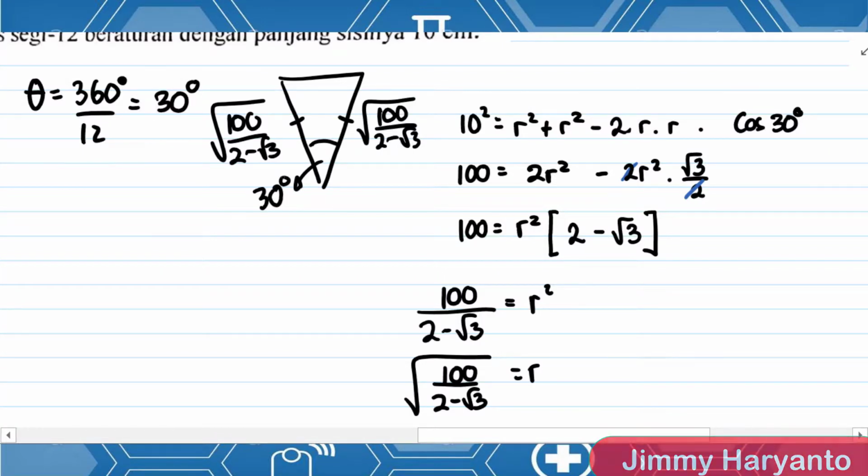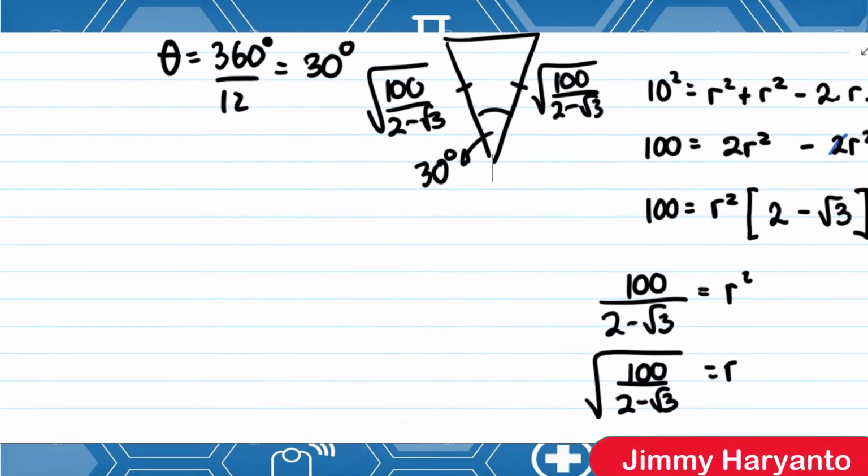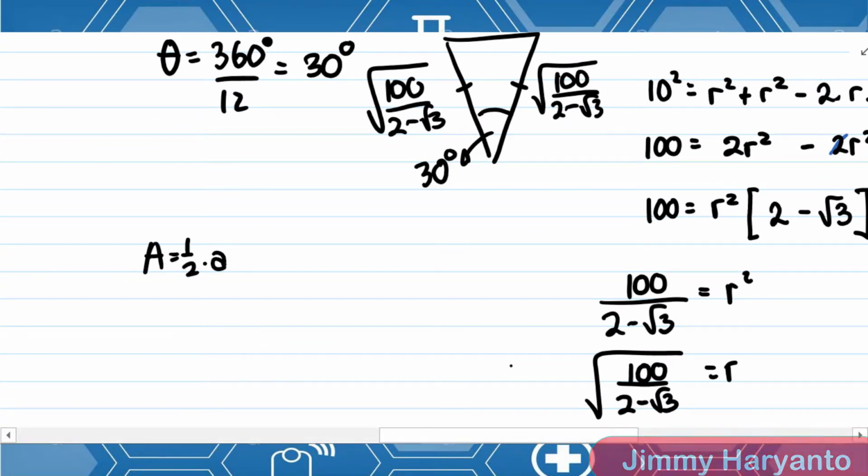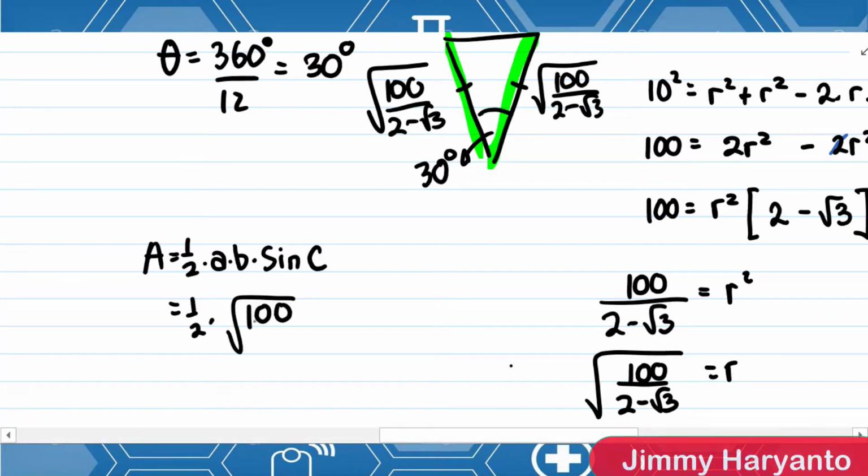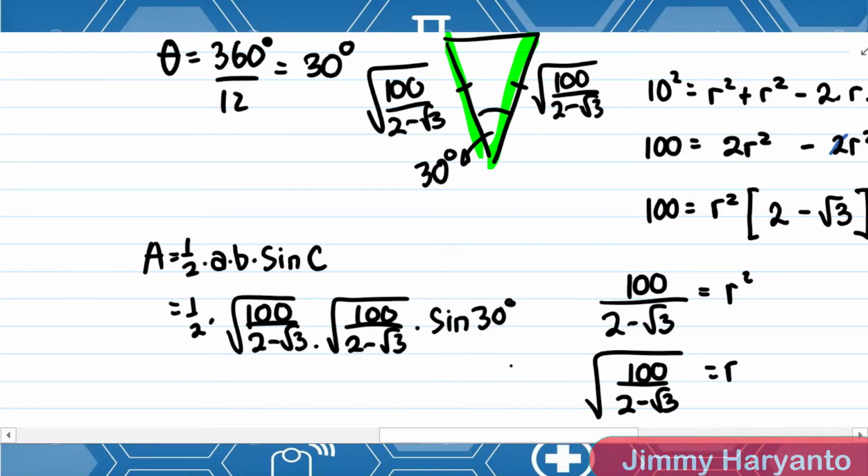Now we can find the area of the triangles using the formula: area equals half times A times B times sine C. The A is this one and the B is that one. So A and B are the same, square root of 100 over 2 minus square root of 3, times the B, square root of 100 over 2 minus square root of 3, times sine C, sine 30 degree.